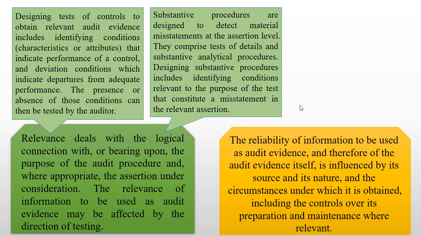Okay, so to test relevance, we have to design tests of controls pertaining to that evidence. This includes identifying conditions or attributes that indicate performance of a control, and deviation conditions which indicate departures from adequate performance. The presence or absence of those conditions can be tested by the auditor.